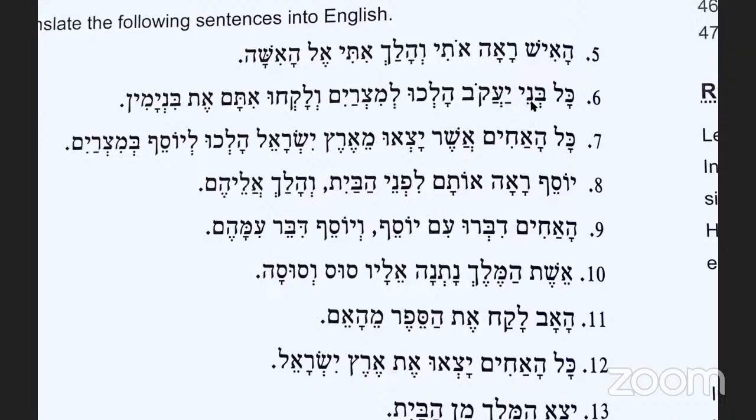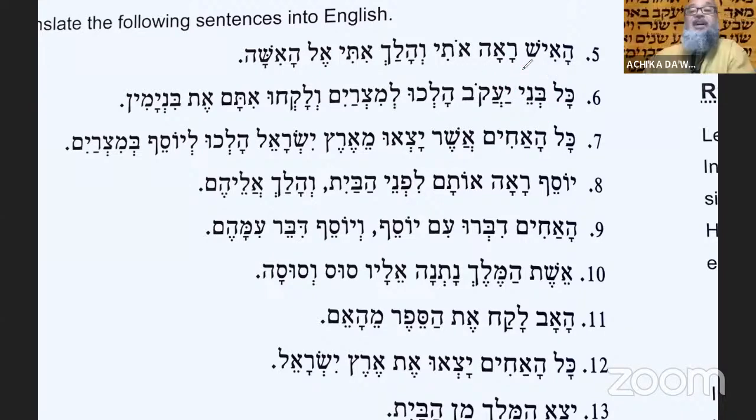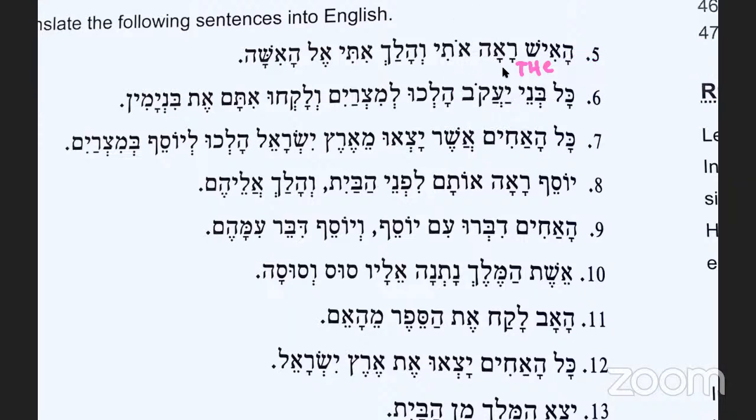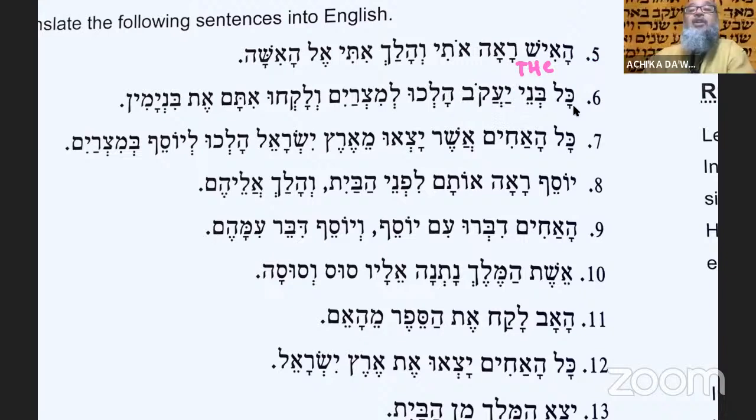Plural. Yep, it means plural, but it also means the sons of. So it's the sons of who? Yaakov. So all the sons of Yaakov, halaku, they went. And this word halak means to go or went or walk, but the u on the end.